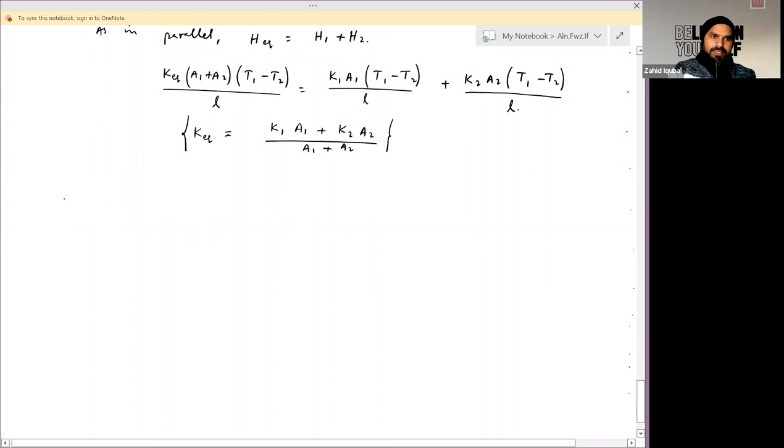Now, related to this part, there will be some question. Suppose one of the rods is along this way and another rod like this.